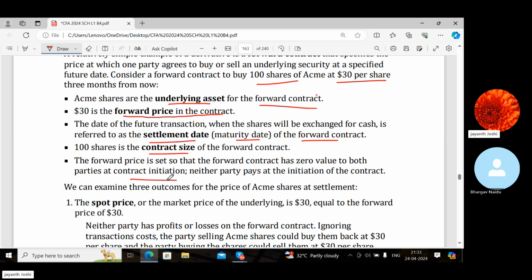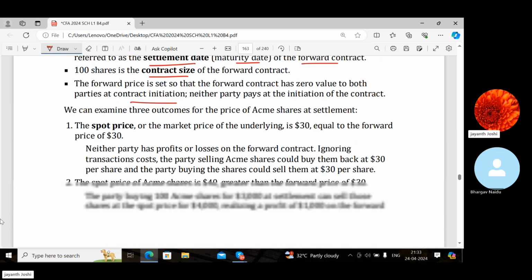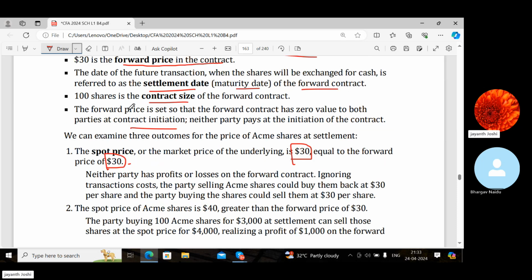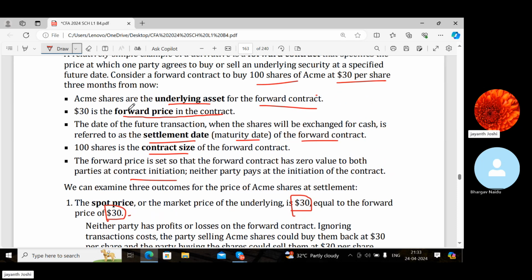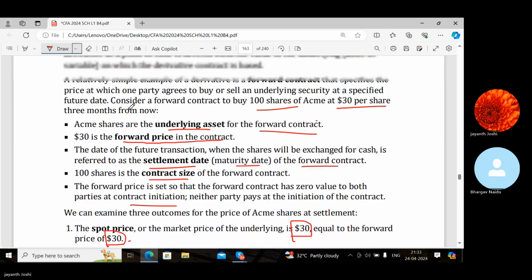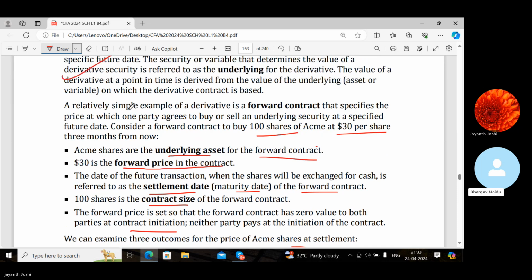So we examine three outcomes for the price of Acme shares at settlement. Spot price. What is the spot price today? $30. This is equal to the forward price of $30, right? That is on today's date. So, forward contract to buy 100 shares of Acme at $30 per share 3 months from now.